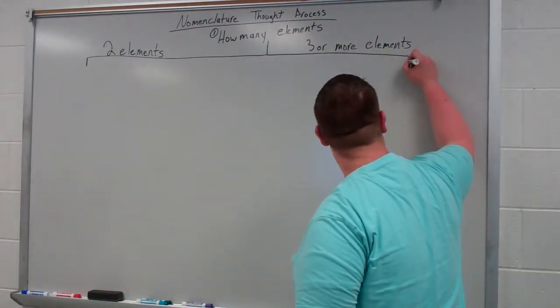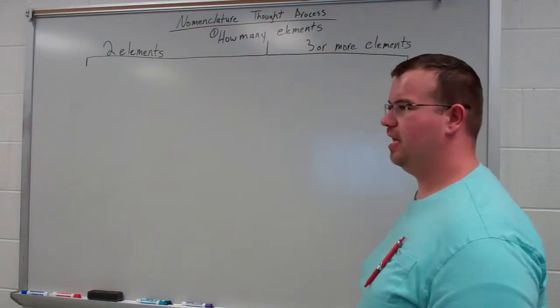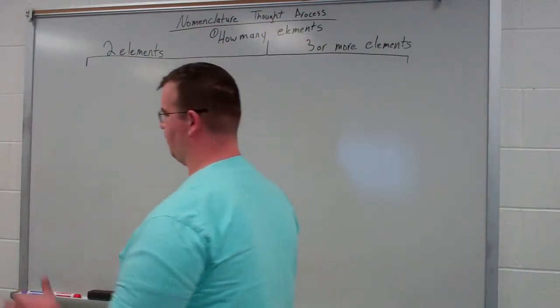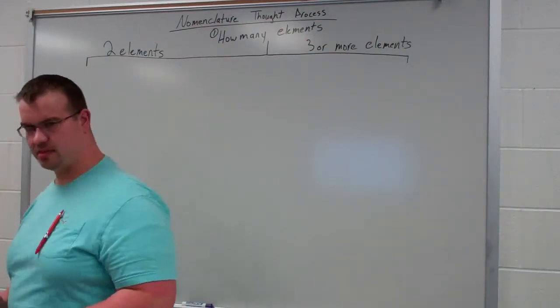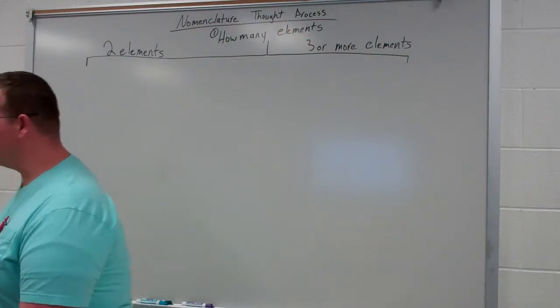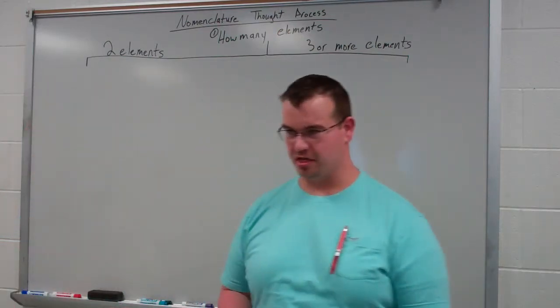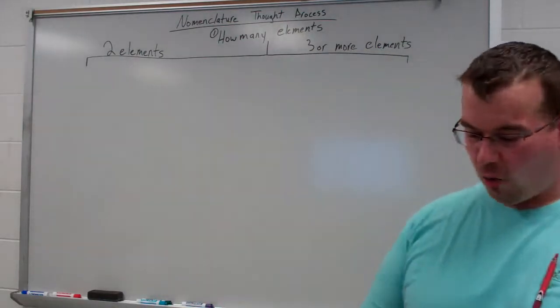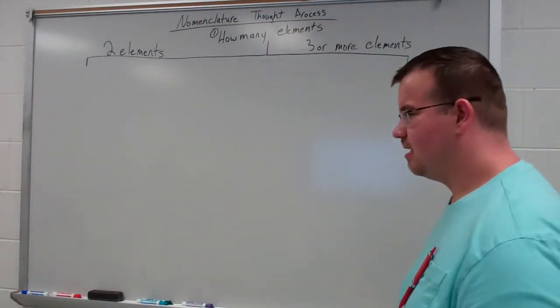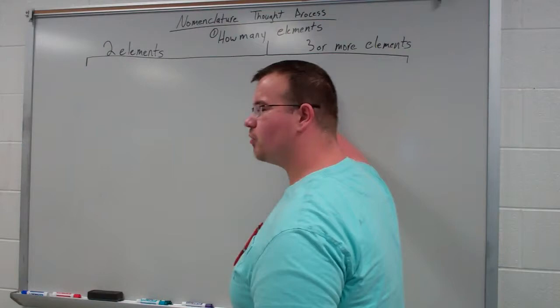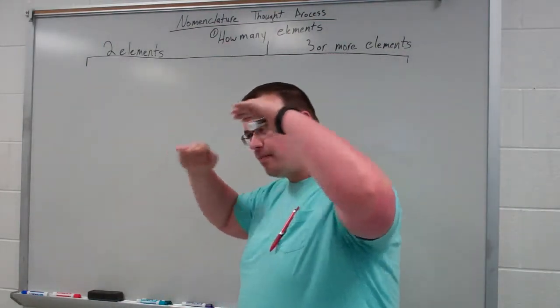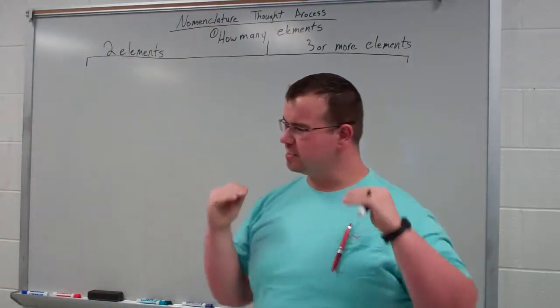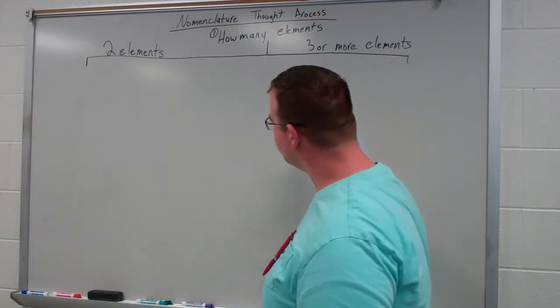Okay? Now with this, the first thing we're going to start looking at is if we have two elements. We're going to start with that because I feel like that is the more simplistic version. The whole idea behind this is for you all to use this whole thought process. Every step is questions you're asking yourselves, and the answers to your questions are giving you a flow.